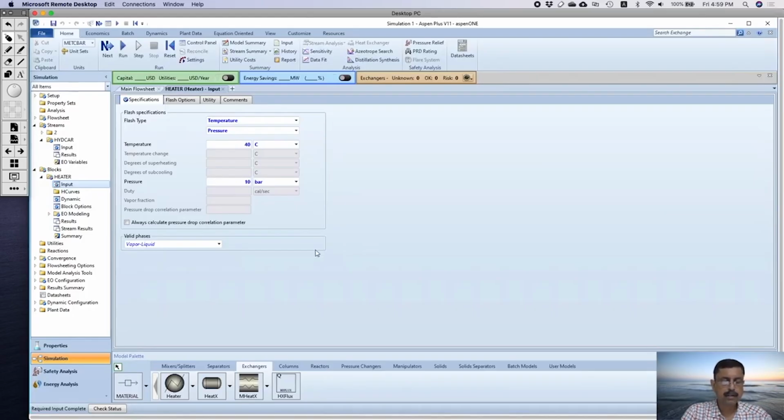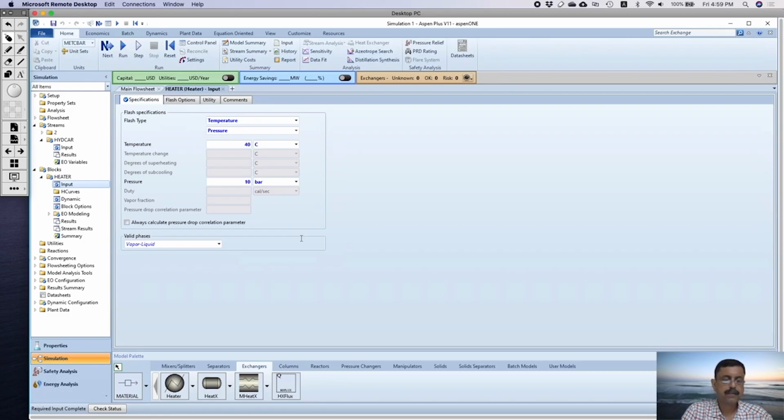If you give it 0 bar, it doesn't mean the pressure is 0 or vacuum. It means the pressure drop is 0. Okay? And if you give -1, that means the pressure drop is -1. Any negative or 0 will be regarded as pressure drop, while any positive value will be regarded as the absolute pressure.